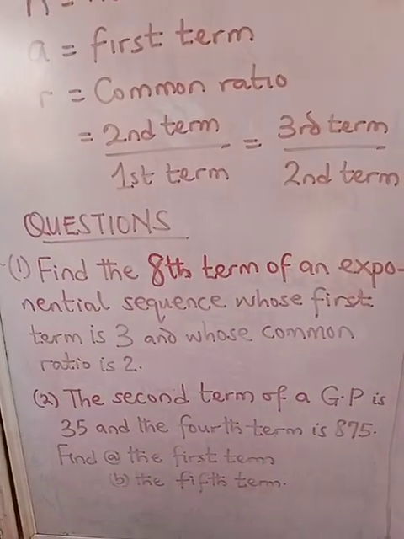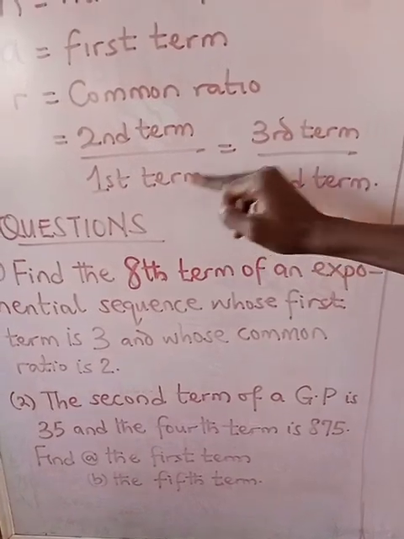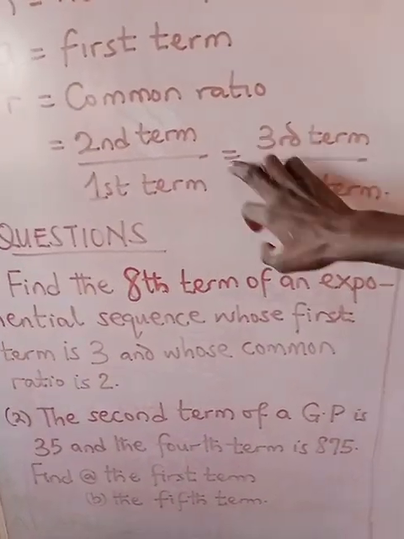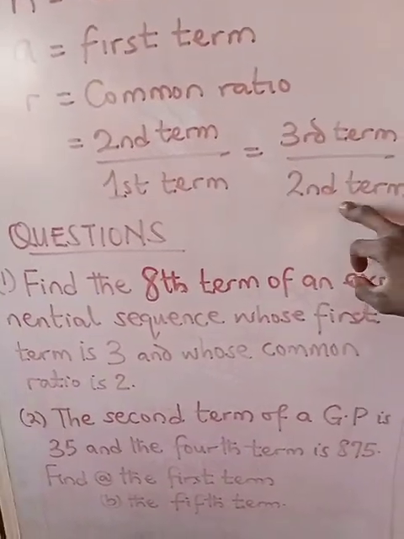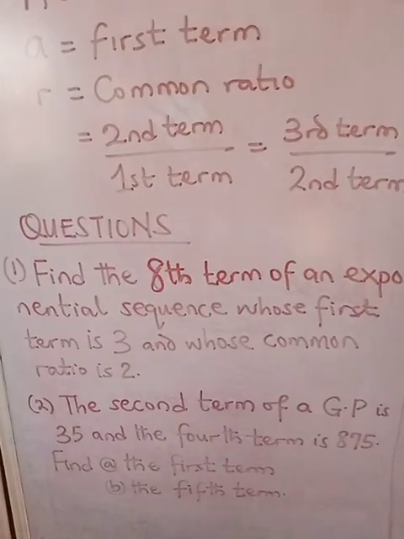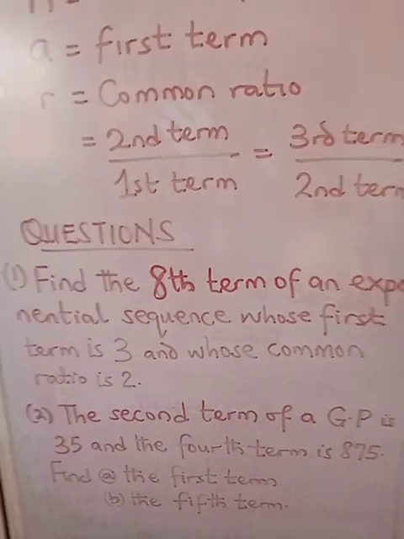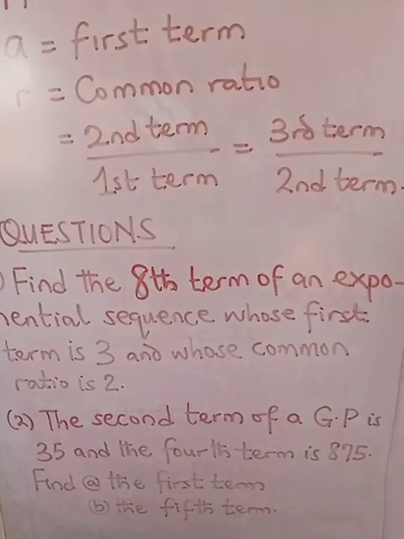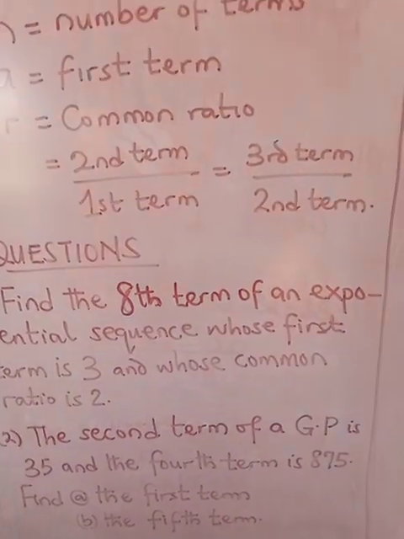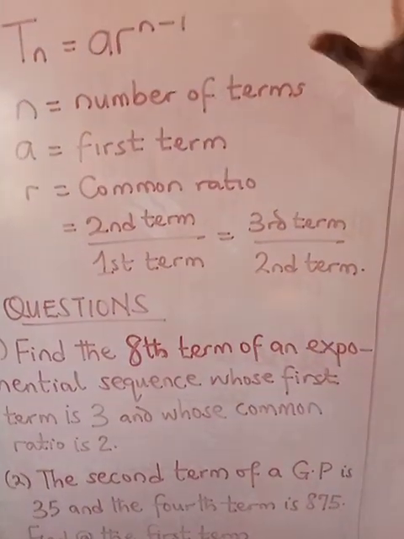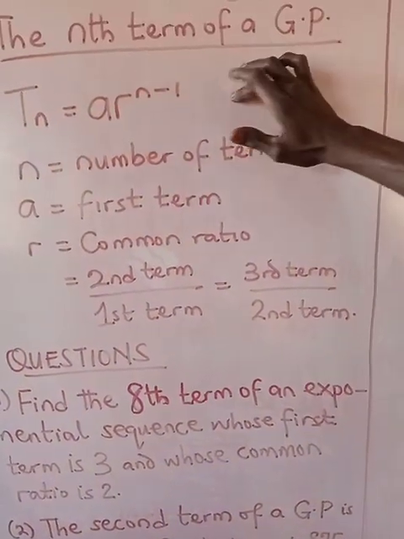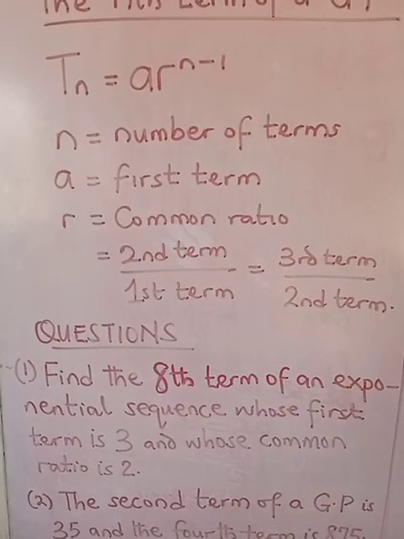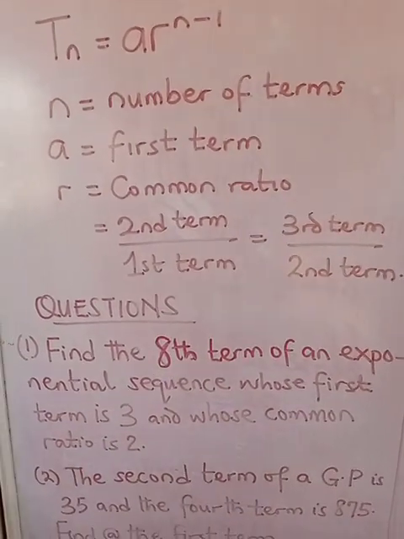The common ratio is the second term divided by the first term, and that can also equal the third term over the second term, the fourth term over the third term, the fifth over the fourth term, and that's the progression. So this formula will help you solve the nth term of a geometrical progression or exponential sequence.